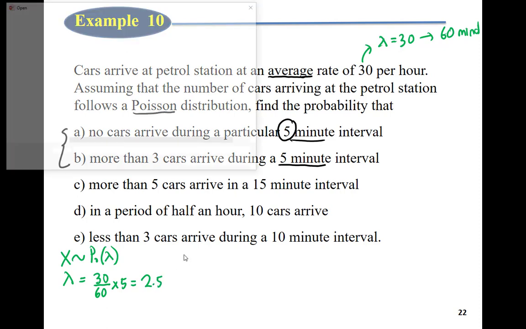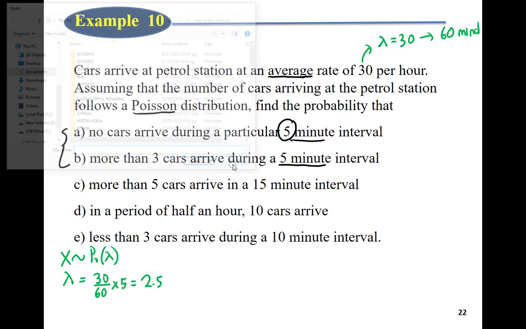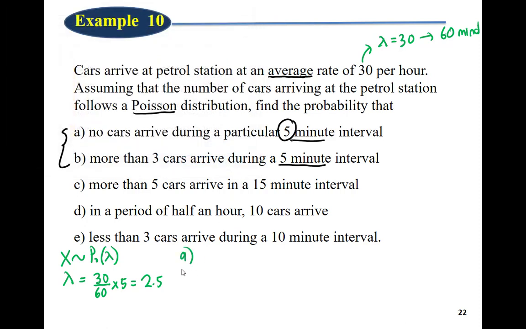For question A, we are going to use lambda 2.5. No cars, so P of X equals 0. Question B, more than 3. P of X greater than 3.